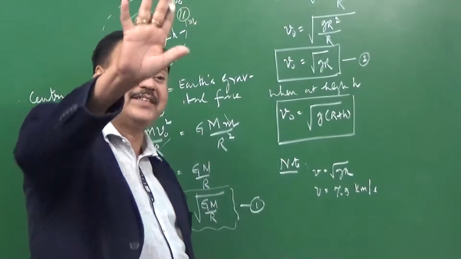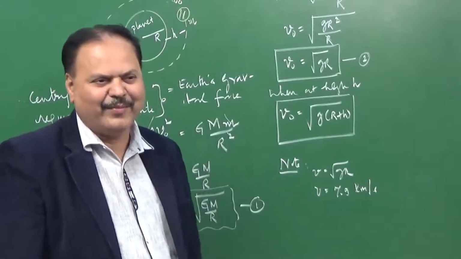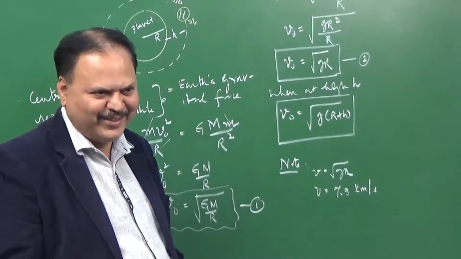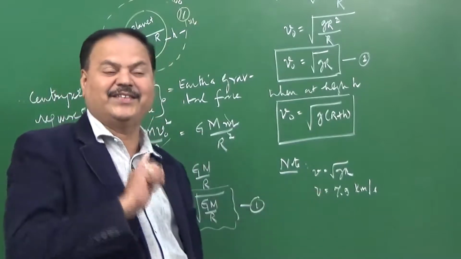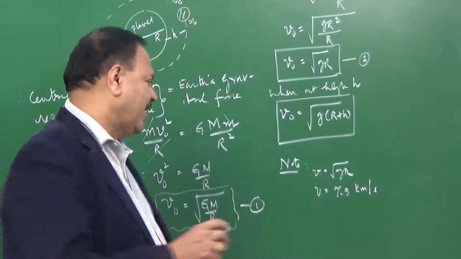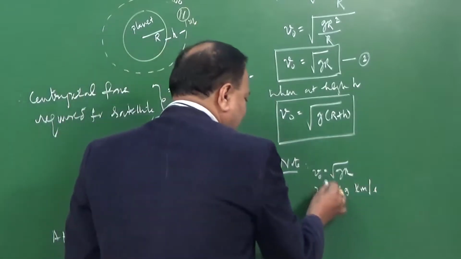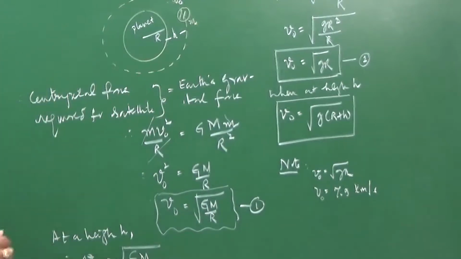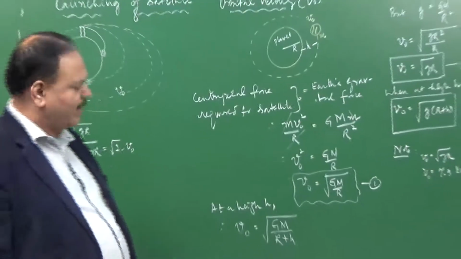Approximately 8 kilometers means it is 5 miles. 8 kilometers is the distance from here to Brigade Road or MG Road. In 1 second it should move that distance, and that velocity we call the orbital velocity. Okay, it's very important. Please make note of this.